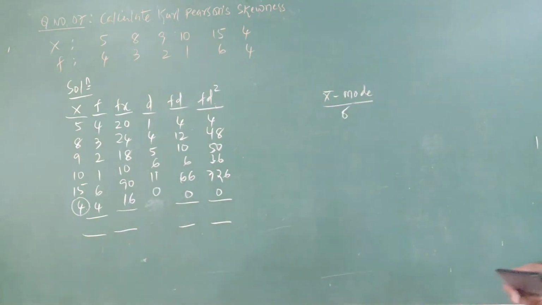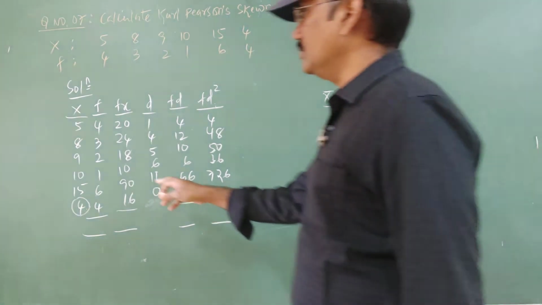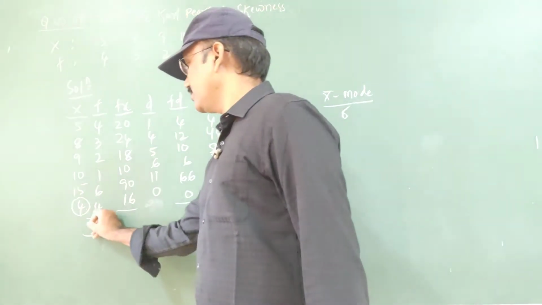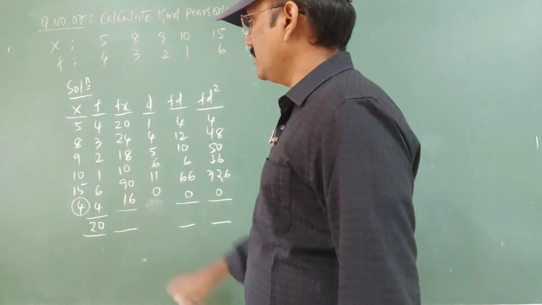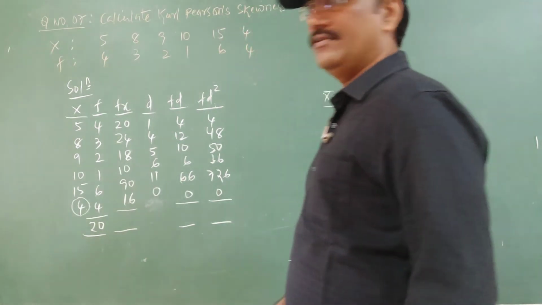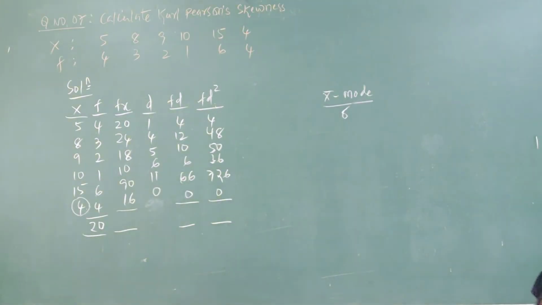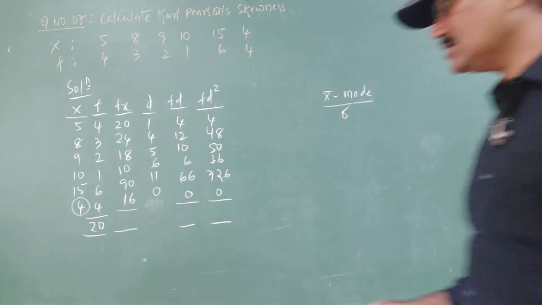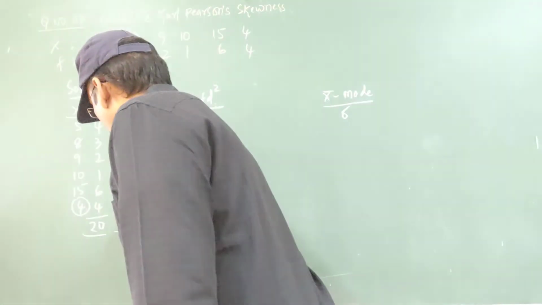We need the total of frequency first: 4 plus 3 is 7, 7 plus 2 is 9, 10 plus 10 is 20. Now find the total of fx: 20 plus 24 plus 18 plus 10 plus 90 plus 16. The value is 178.